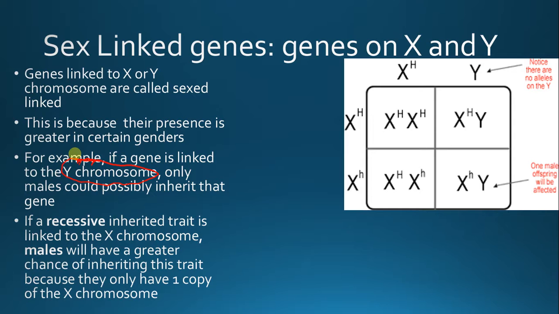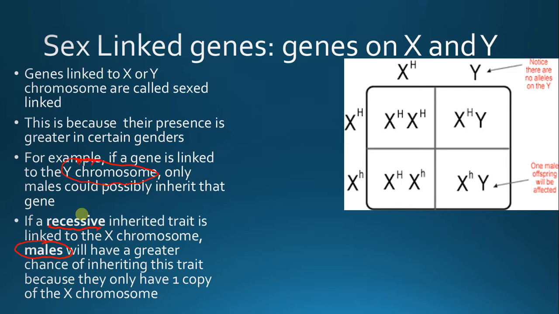On the other hand, if a gene is linked to the X chromosome, some interesting things can happen. One, if it is a recessively inherited trait and linked to the X chromosome, males will have a greater chance of inheriting this trait because they only have one copy of the X chromosome. So it's recessive. Normally you need 2 copies of that allele to see it.